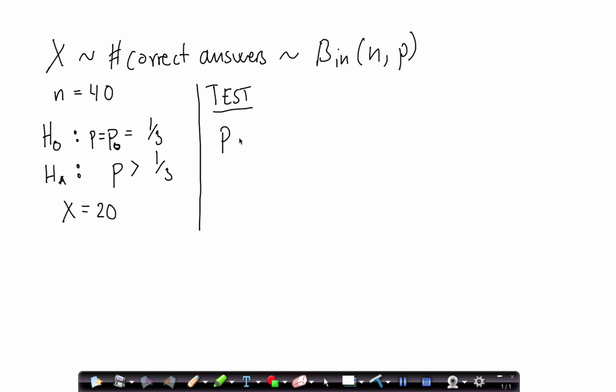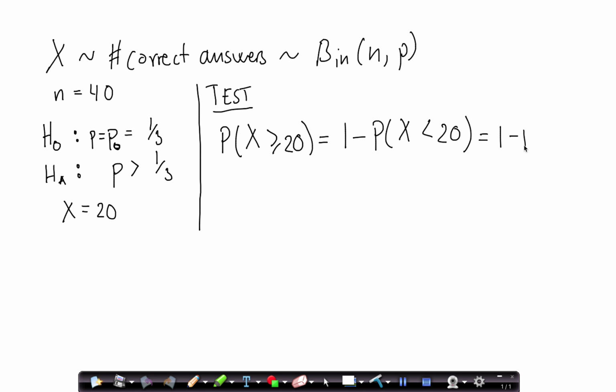So we calculate the probability of observing an x larger than or equal to 20, given that they are all guessing. So we assume that they are all guessing, and we calculate the probability of observing this number. This is equal to 1 minus the probability of x being less than 20, which is equal to 1 minus the probability of x being less than or equal to 20 minus 1.